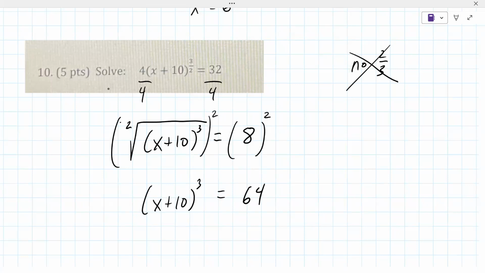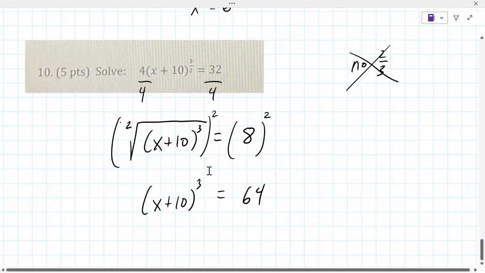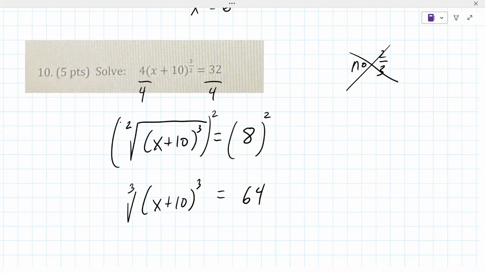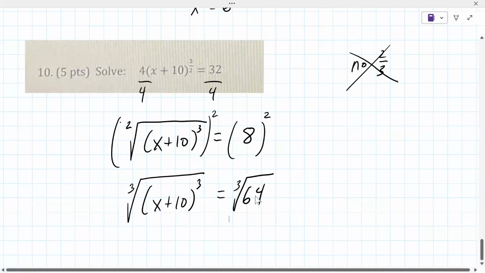Okay. So now how do you, well, I guess we haven't done this yet. To undo a cube, you use a cube root. So you've got to figure out now what number times itself 3 times gets you to 64.